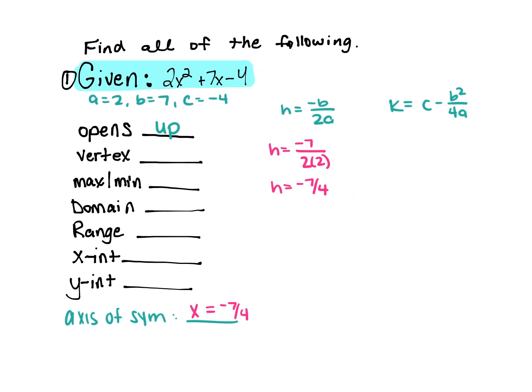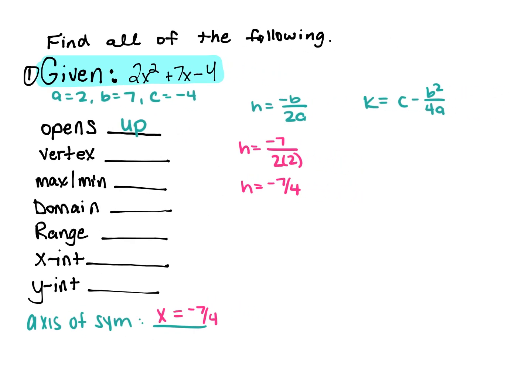For your y value, or k, you have c minus b squared over 4a. This c is your negative 4, minus b squared is 7 squared over 4 times a, which is 2. That gives you negative 4 minus 49 over 8. That negative 4 has to turn into something over 8.